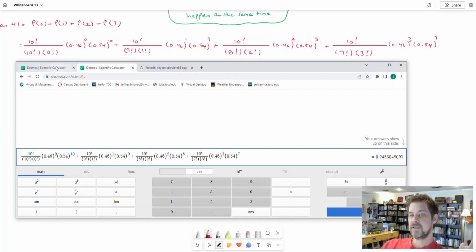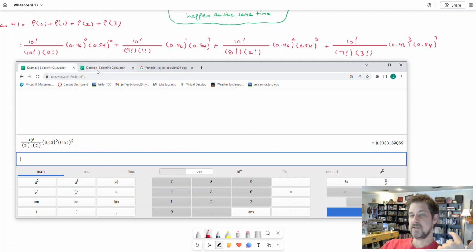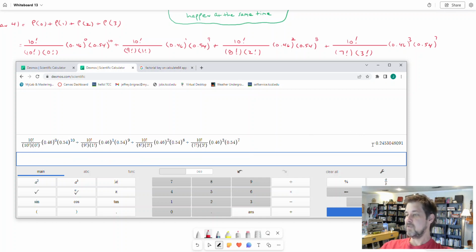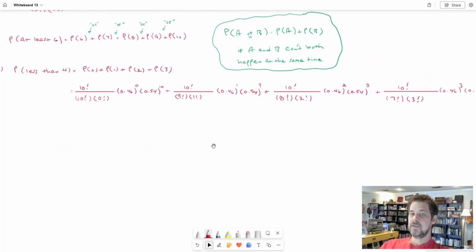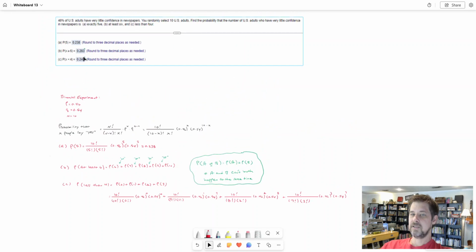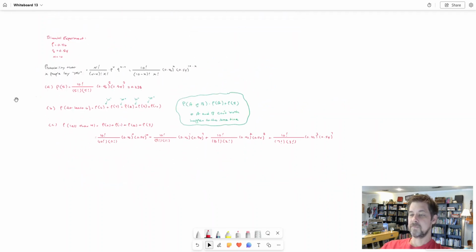It's no different than that one we did here. I'll do the first one, and I'm not going to evaluate that answer. I'm going to put plus, put the second one in, and plus, and put the third one in, plus, and put the fourth one, and then get all of them, and then press enter, and then it gives me 0.245. So 0.245. That's what we're looking for. That's the answer. Probability less than 4.